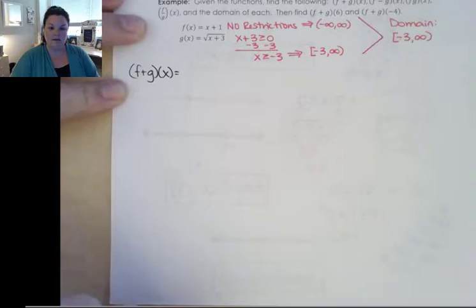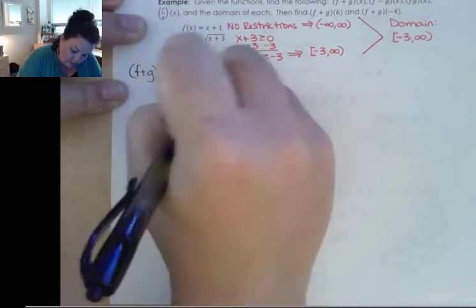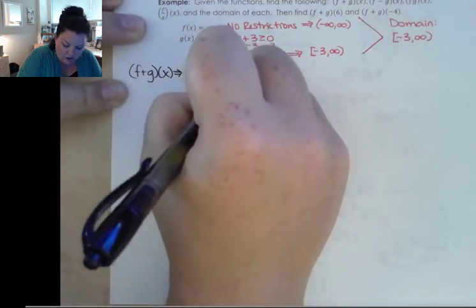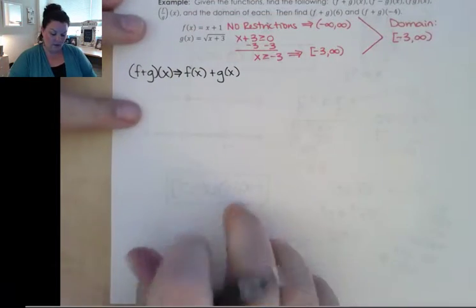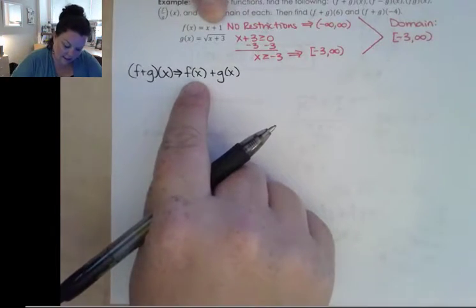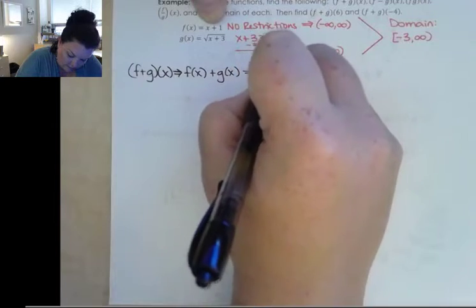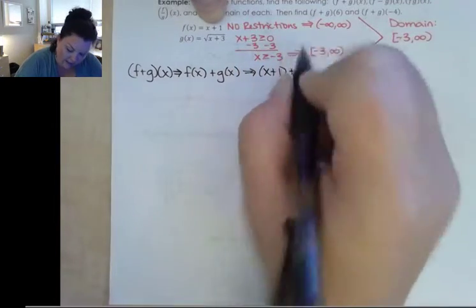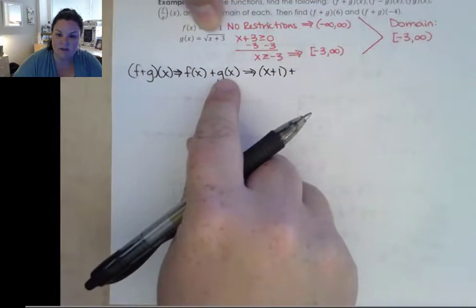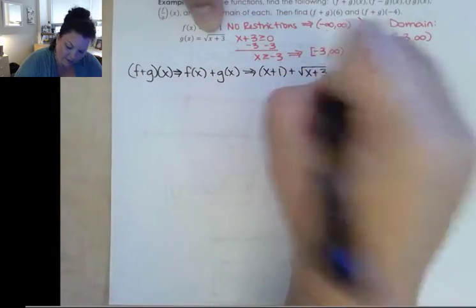evaluated at x, this means we're taking our f function and we're adding our g function to it, right? So I'm just going to put in what these two things are. My f function is x plus 1, and we're adding our g function to it. Our g function is the square root of x plus 3.